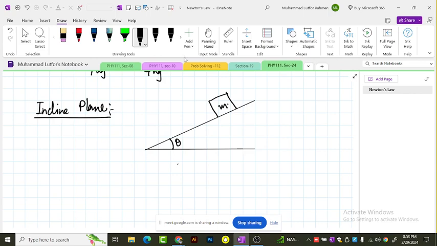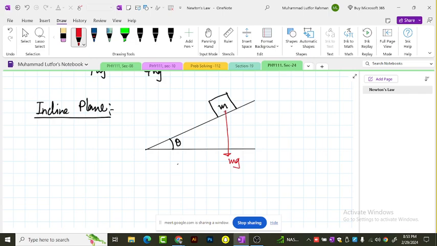So that means it is not the gravitational force itself. The component of the gravitational force is actually doing that job, because I know that this is my gravitational force, mg. And how many forces would be over here on the block? 3, sir.